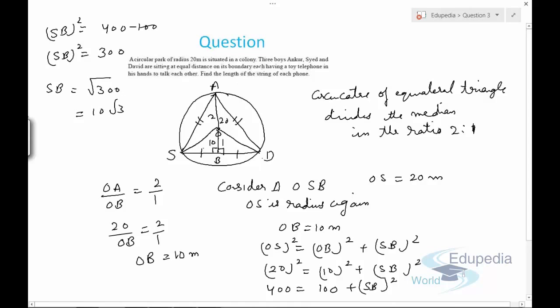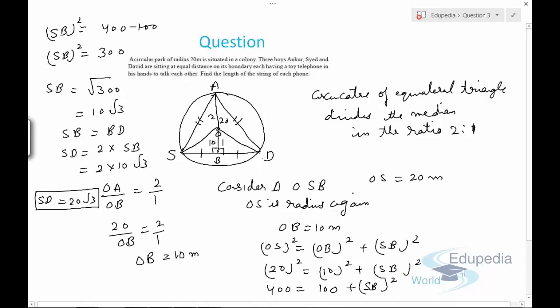Since it's given that SB equals BD, as it's a chord being bisected, we can say that SD is 2 times SB, so it will be 2 times 10 under root 3. So we have SD as 20 under root 3.